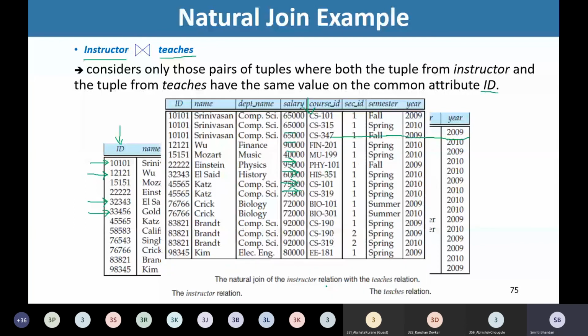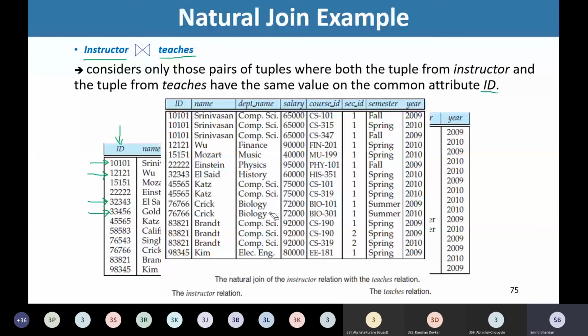Fine. This is how we are going to perform the natural join operation, and whatever we get as the output of this natural join is like this. How many attributes do we have? 1 2 3 4 5 6 7 8 instead of 9. The common attribute ID appears only once. And whatever data we have in this natural join is relevant data only.